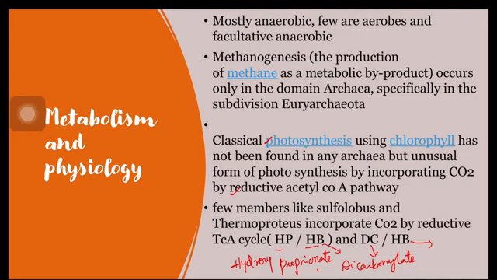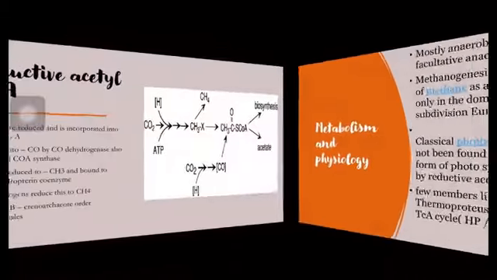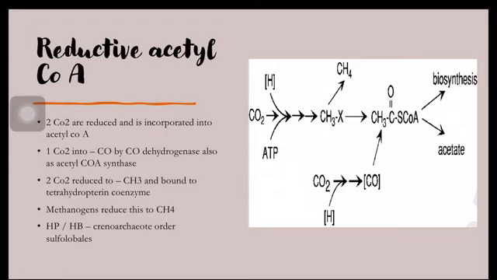Among these, the reductive acetyl-CoA pathway is the most energetically favorable. A few members like Sulfolobus and Thermoproteus incorporate carbon dioxide by means of a reductive TCA cycle. The reductive acetyl-CoA pathway is the most energetically favorable for the organisms.